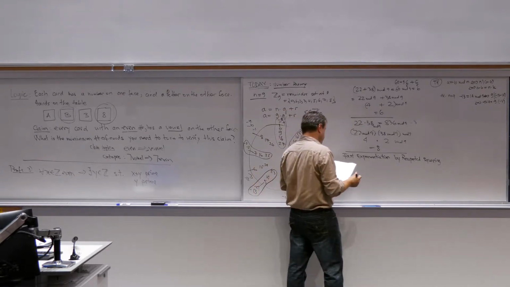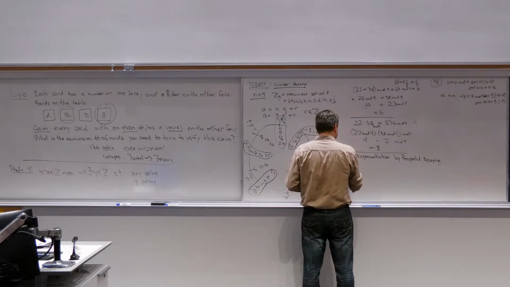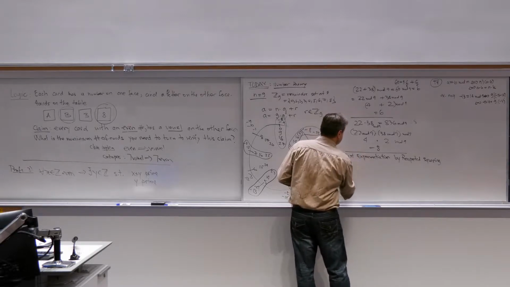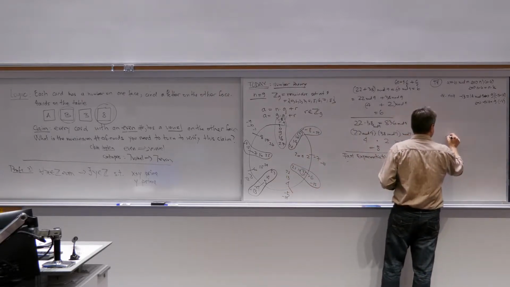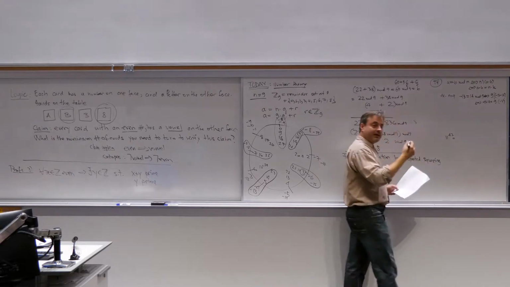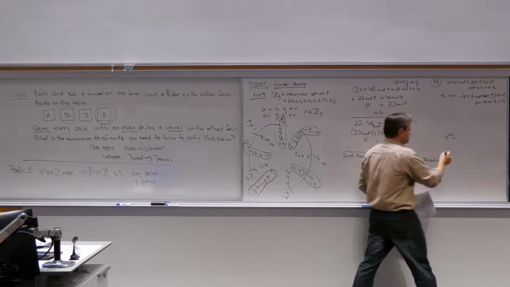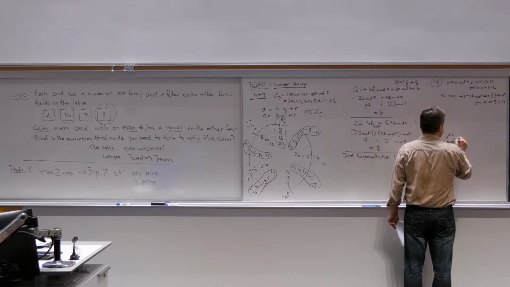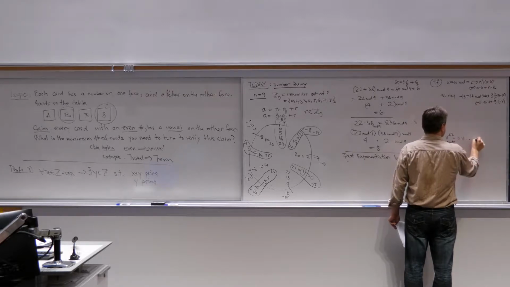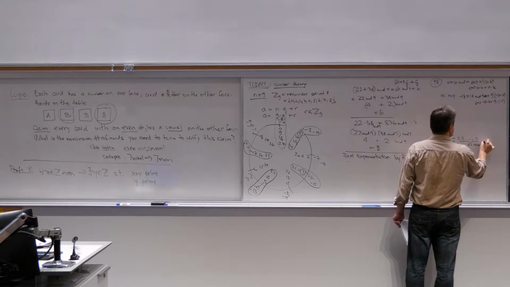So for example, suppose I want to do 11 at 42. Actually, let me write this here. 11 at 42. I could do 11 times 11 times 11, 42 times. This is mod 9.